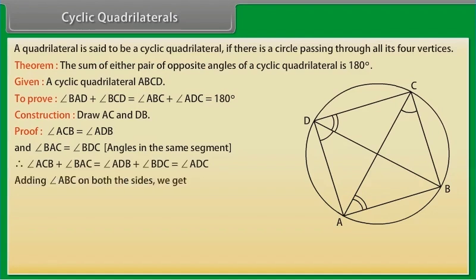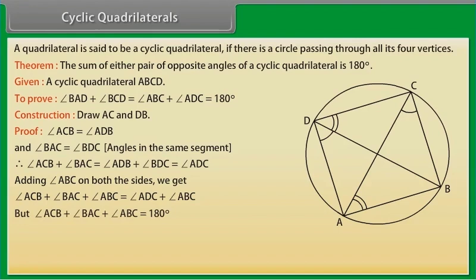Adding angle ABC on both the sides, we get angle ACB plus angle BAC plus angle ABC, which is equal to angle ADC plus angle ABC, but angle ACB plus angle BAC plus angle ABC is equal to 180 degrees, because the sum of the angles of a triangle is 180 degrees.